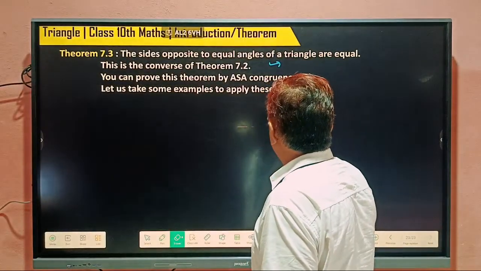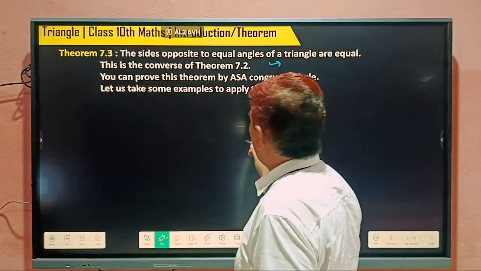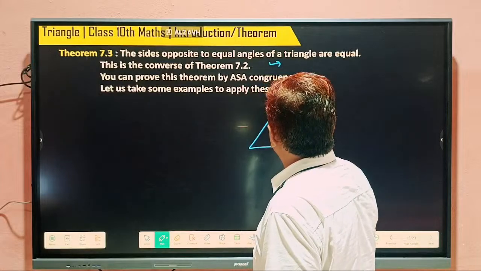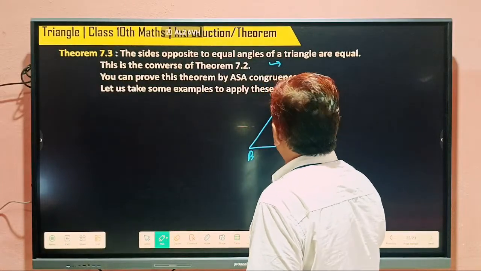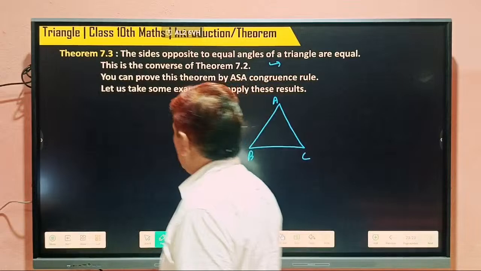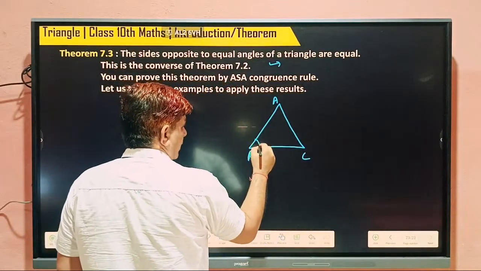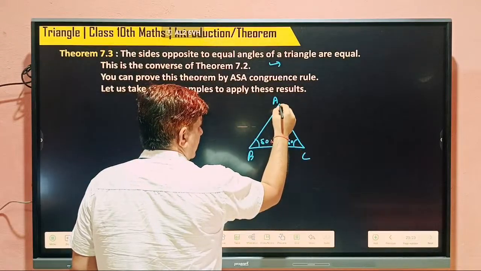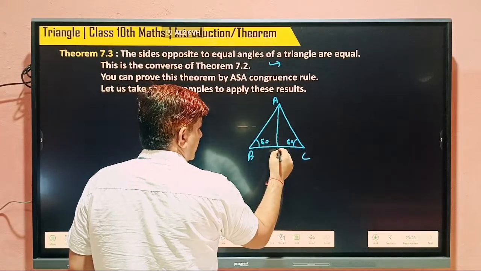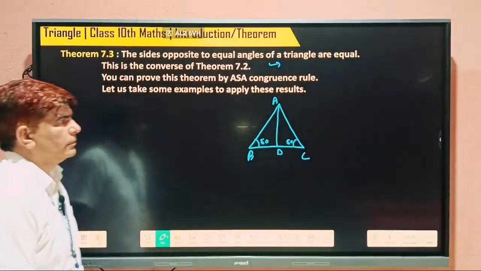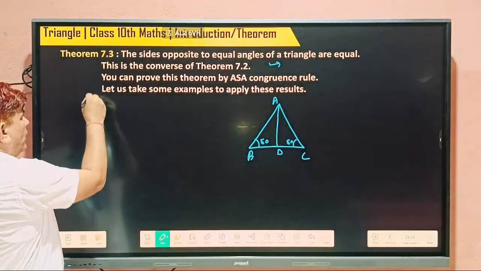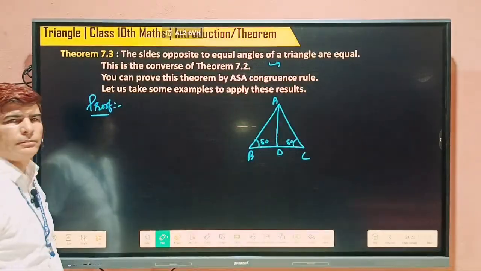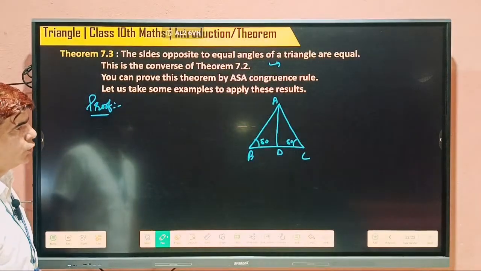We have taken triangle ABC, with this angle 50 degrees and this angle equal to 50 degrees. We can draw this bisector AD. This is D. Again you can write given and to prove.